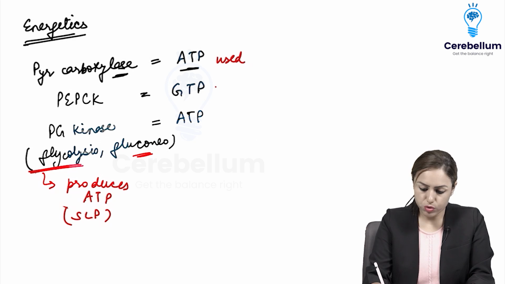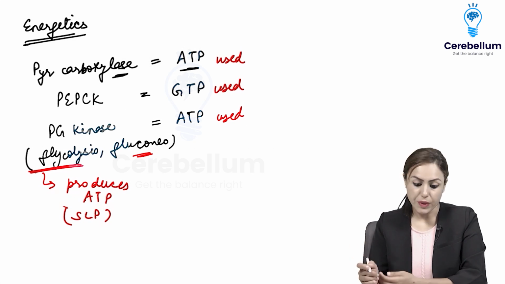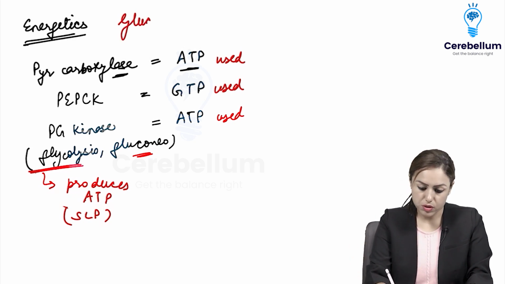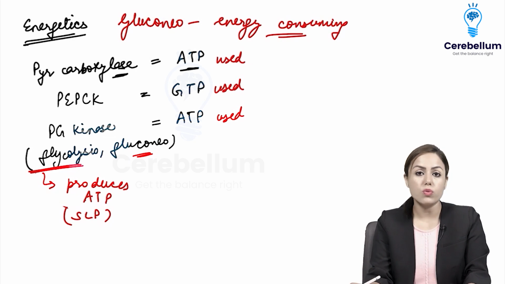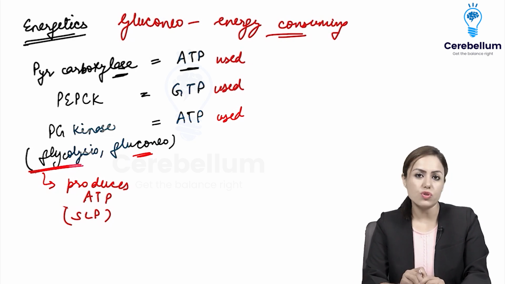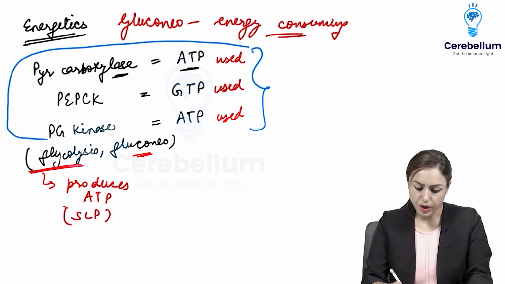So these all are used here, be careful. Usually in pathways we write that this much ATP is produced, but gluconeogenesis is an energy consuming pathway. It uses energy to make glucose, right? It is a high energy consuming pathway, okay. So for calculating energetics we will be using these 3 points only, right?